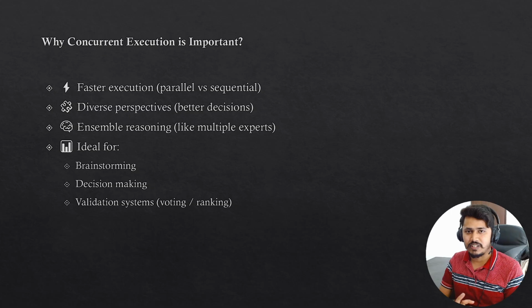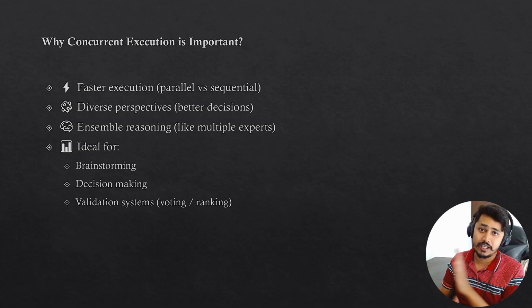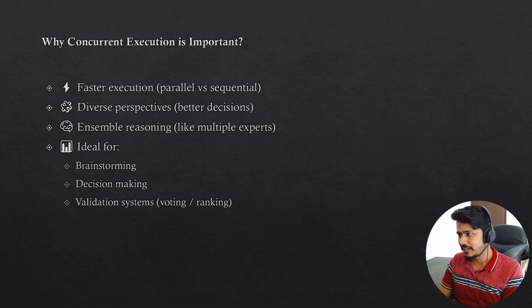First of all, it is faster execution. As we have already seen with parallel execution, you don't need to wait for each perspective to generate the response, and that's where it is faster. Diverse perspectives: we have already seen that each persona is instructed to generate the response based on the requirement given to that particular agent. Then ensemble learning, or ensemble reasoning.